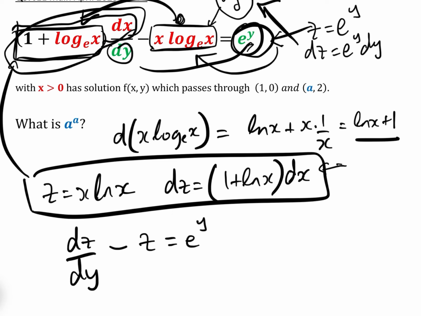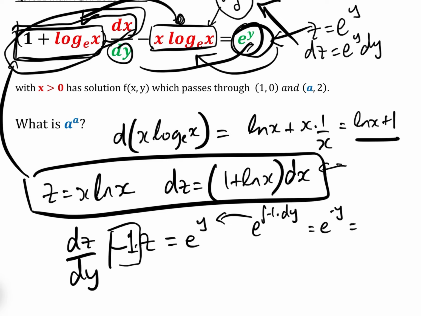And all of a sudden, we have a very simple non-homogeneous equation of first order, where the integrating factor is simply minus 1. So the integrating factor is e to the integral of minus 1 dy, because this is an equation in z and y, which equals e to the minus y.